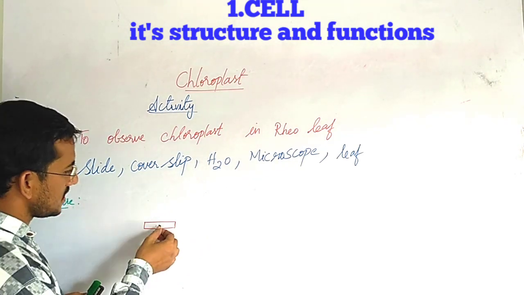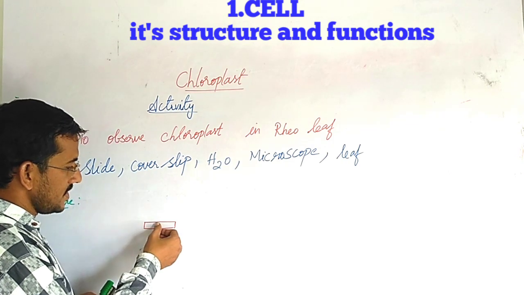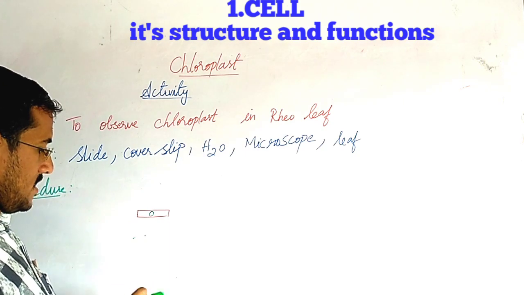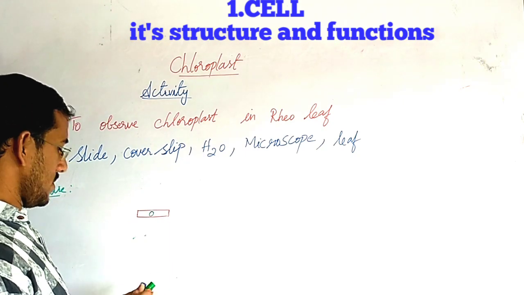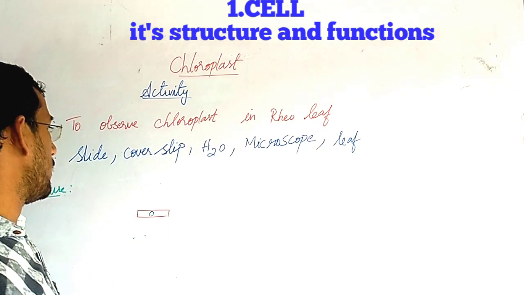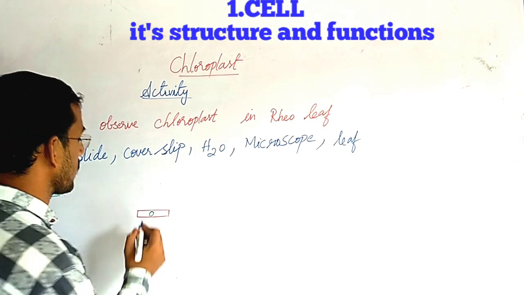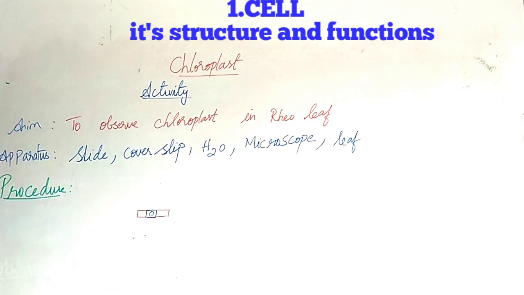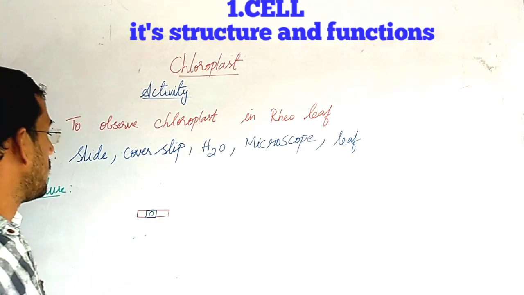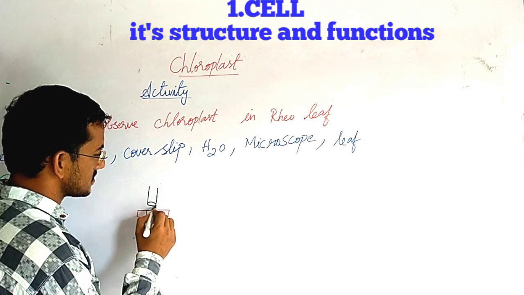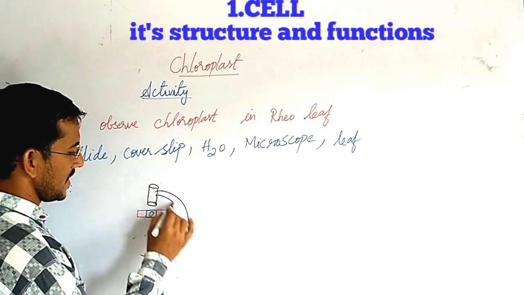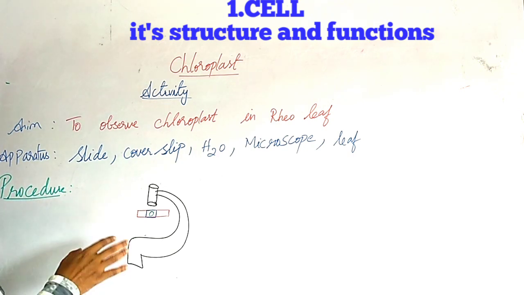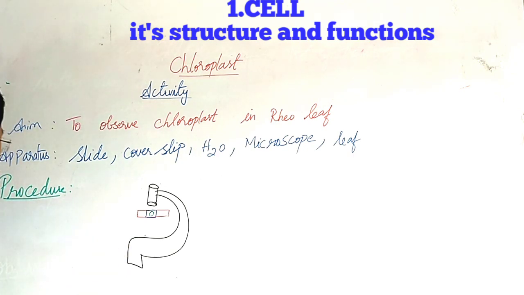So keep a small piece of leaf here. After that you have to place a cover slip on this. So this is a cover slip. After that, observe this under the microscope. What will you observe under the microscope? Your observation.